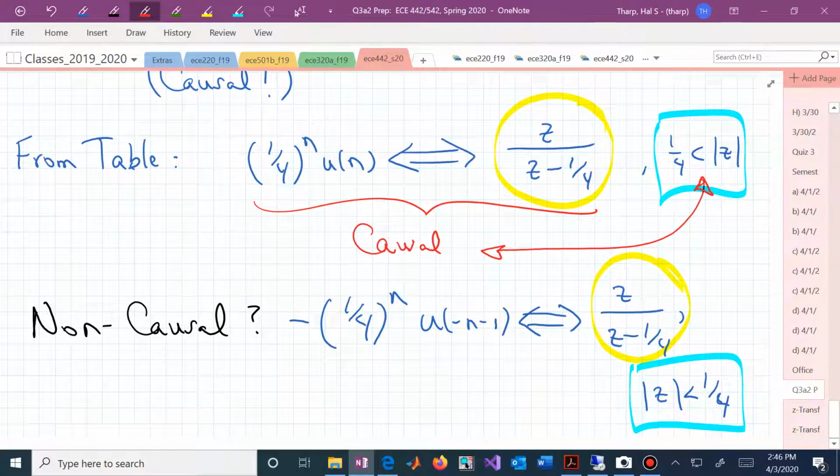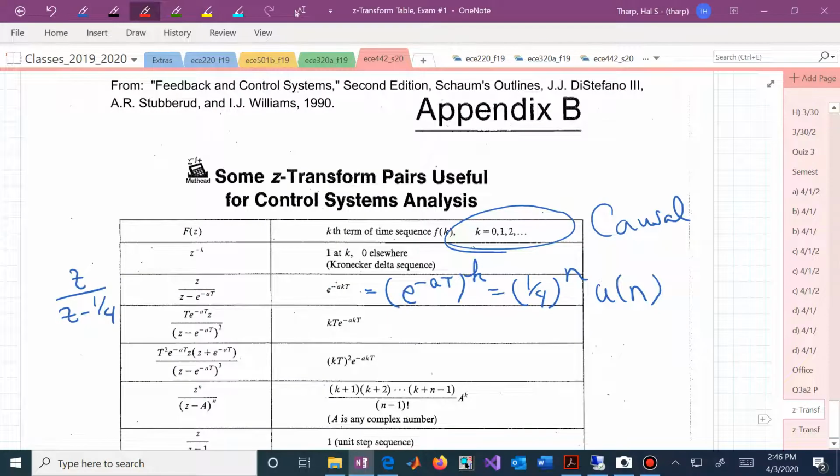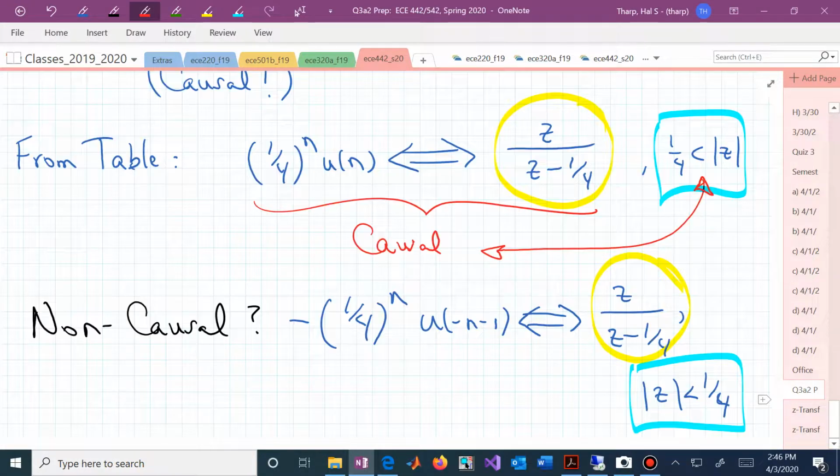I want that to be clear. I'm thinking the reason a lot of people missed this problem is because they went to the table and didn't remember, or maybe it wasn't made clear, that these tables are all for causal sequences. Take that into consideration if you're dealing with non-causal. For non-causal, you are going to need a sign reversal between your time sequence and the frequency domain transform expression.